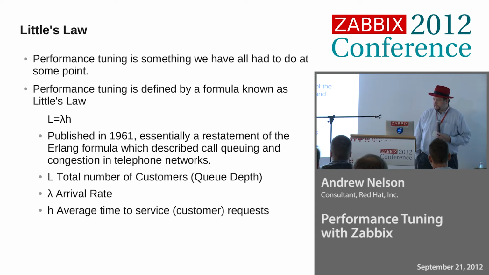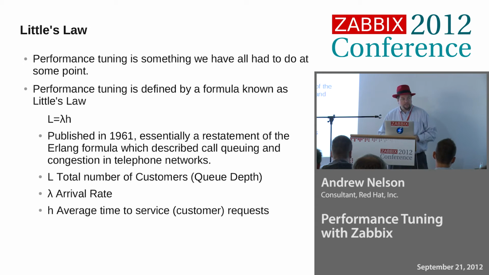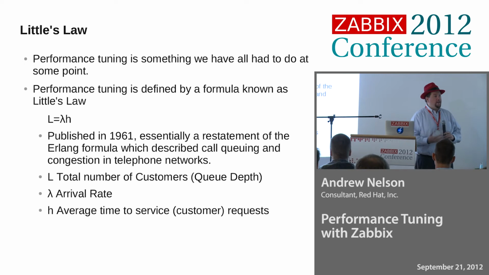Around the turn of the century, he published a series of mathematical equations that defined telephone networks and call queuing and call congestion. Little came along in the 60s, and he described this more in terms of banking, in terms of people walking into a bank to stand at a teller and have an interaction with a teller.